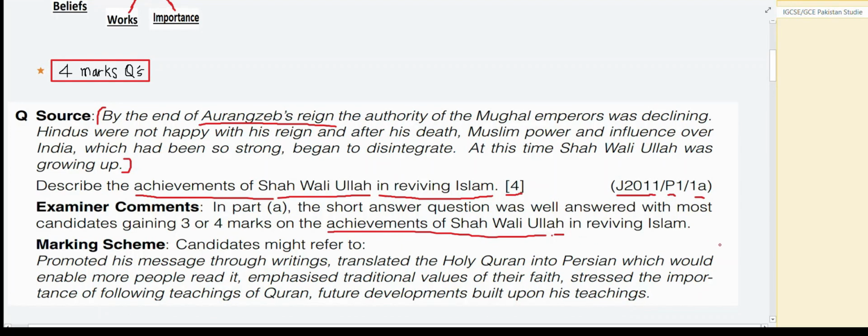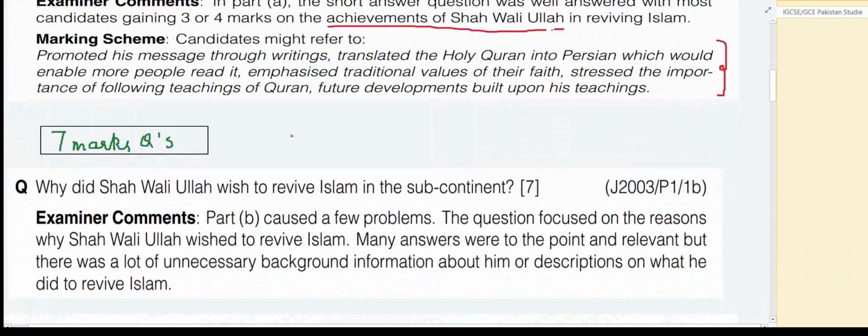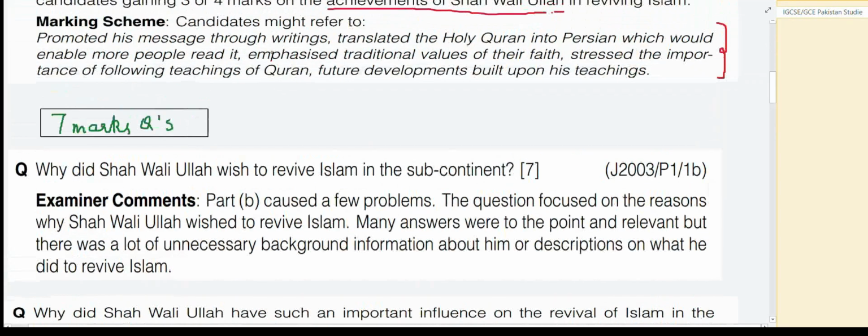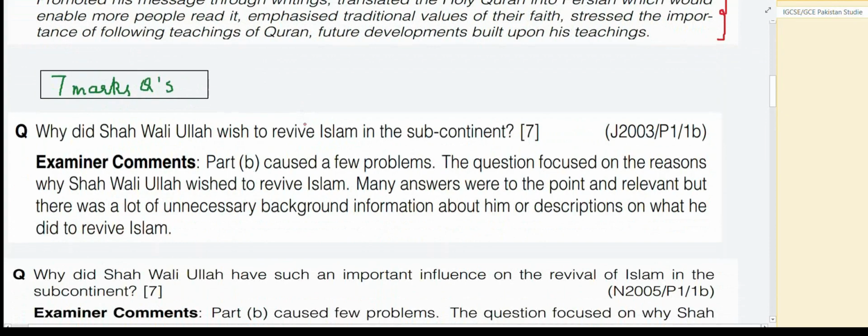These are all works of Shah Waliullah, and hence we are required to describe the achievements of Shah Waliullah in reviving Islam. We just had one 4 mark question in the past papers of the last 18 years for the topic Shah Waliullah.